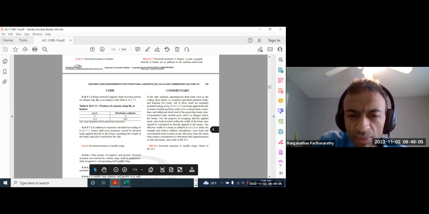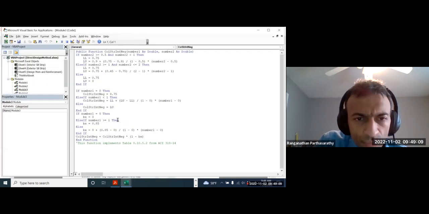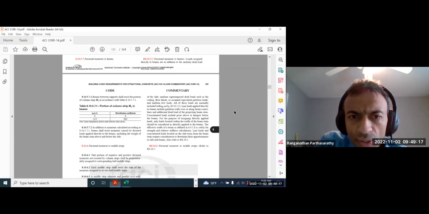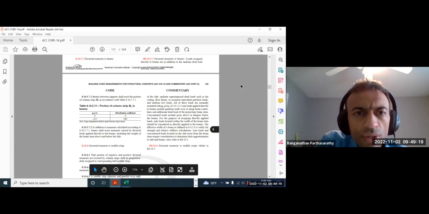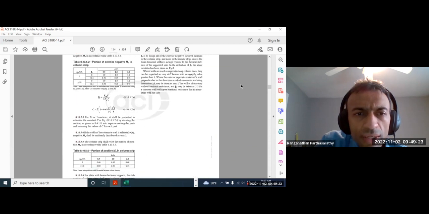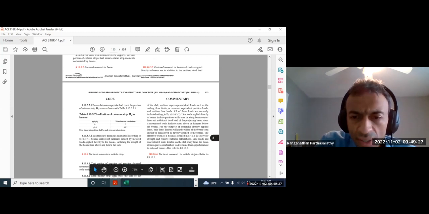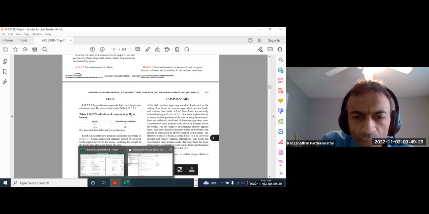So how is that implemented in here? Again, alpha F1 L2 by L1 is the value number 1.